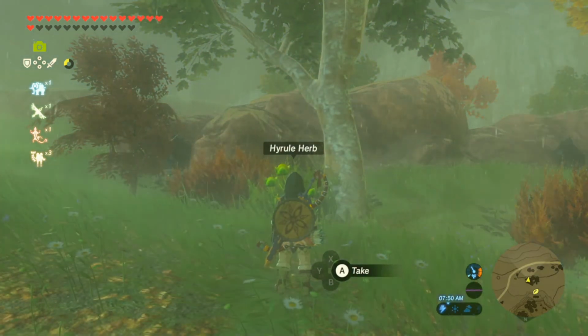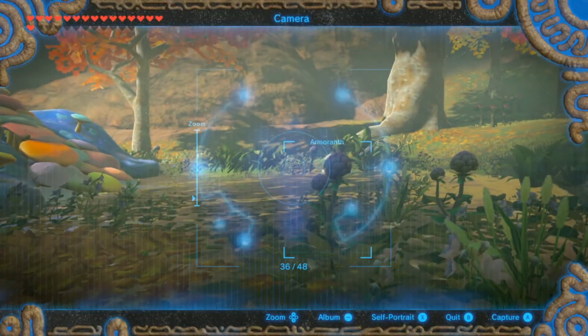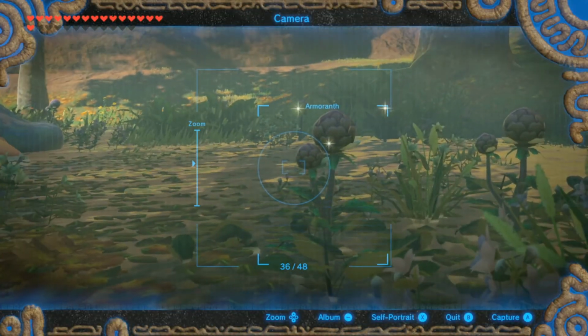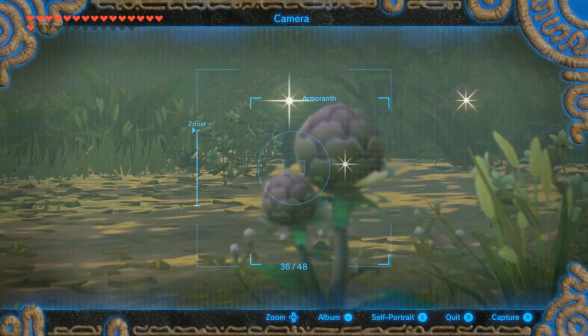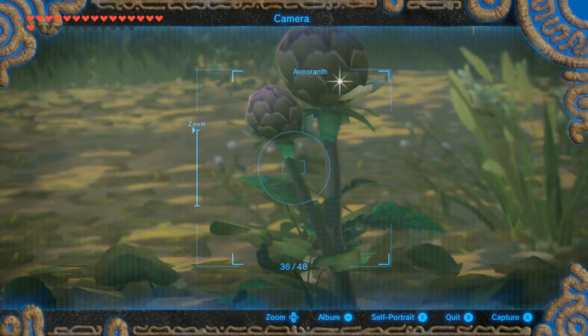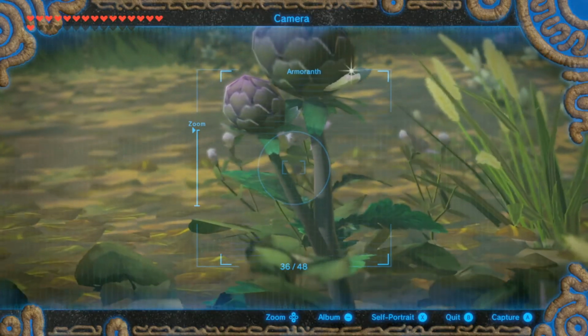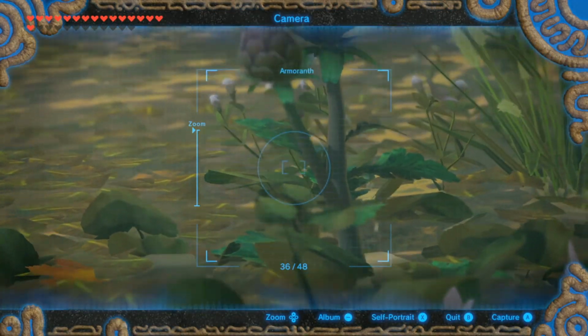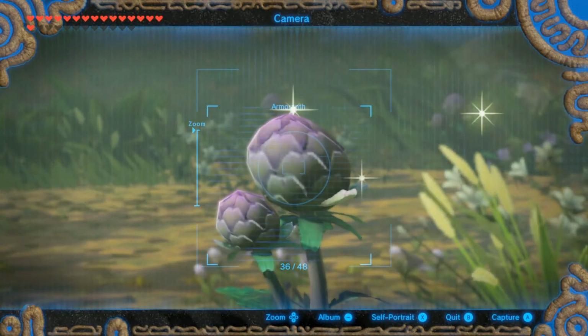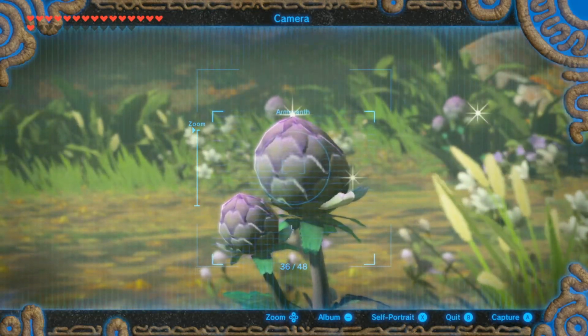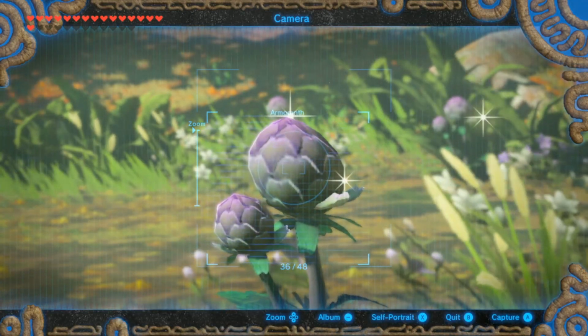Something interesting about Hyrule herb is that, in my experience, it can be found... Oh, here's one of the other potential aster families. So this could be a globe artichoke. It's called Amaranth. But I'm not sure if it is or not.